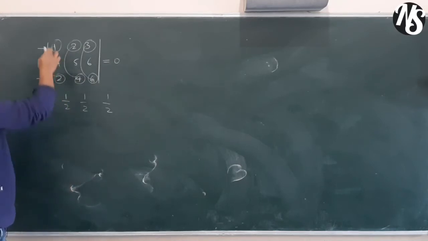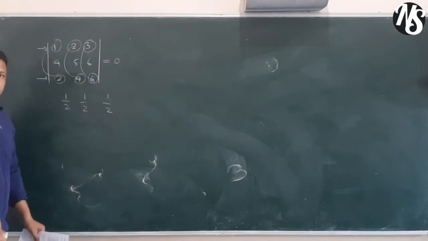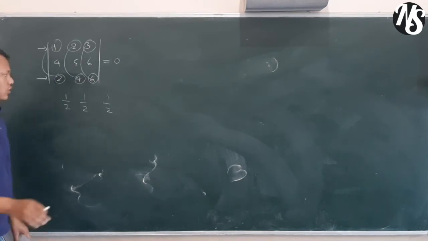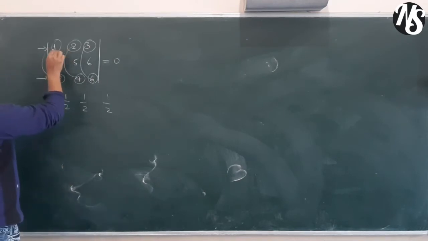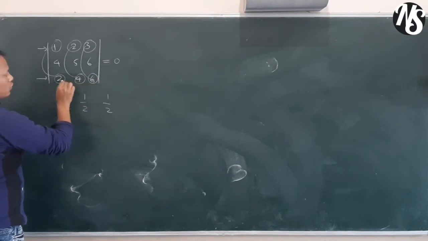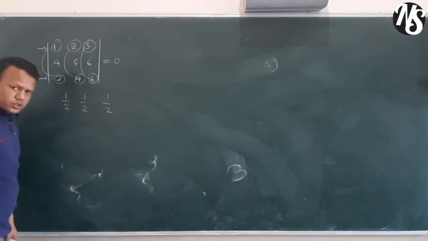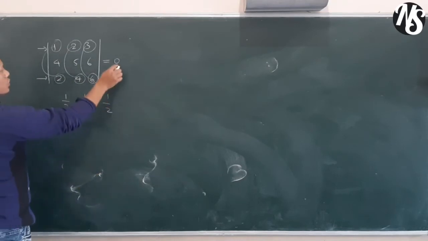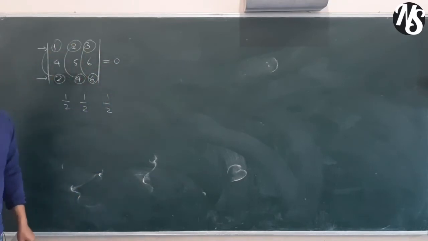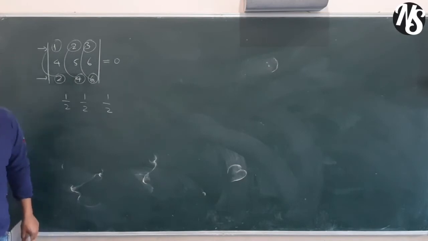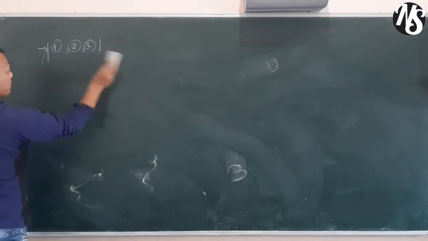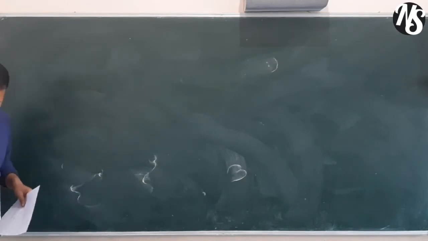In such case, these are known to be in proportion, right? So that means 1, 2, 3 and 2, 4, 6 are in proportion. That means these two rows are in proportion. So in such case also, the value of the determinant becomes 0. So that's the thing that you need to keep in mind. This is my property number 3.